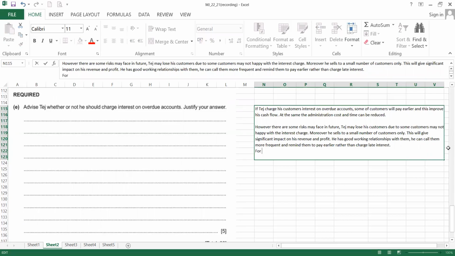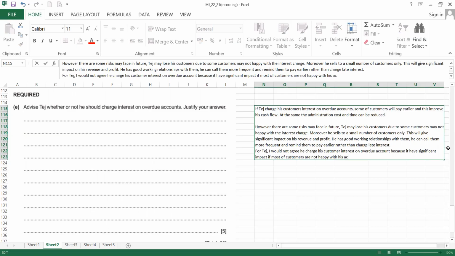For TJ, I would not agree he charges his customers interest on overdue accounts because it has a significant impact if most of the customers are not happy with his action.